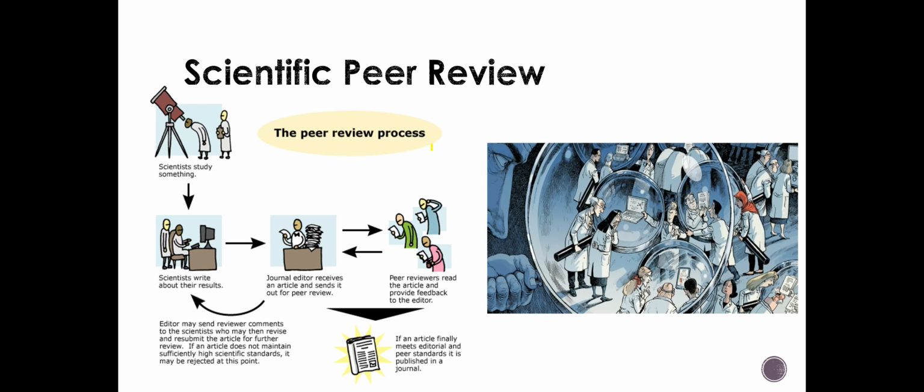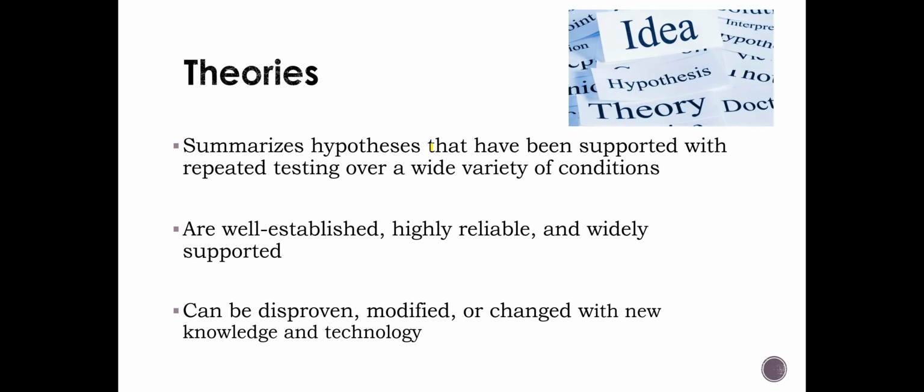Now, once we get information that has been peer reviewed and shown to be true over and over and over again, we can take an idea that was a hypothesis and eventually it can become a theory. Now, a theory is not weak. It takes a lot to become a theory. They are very well established, they are reliable, they are widely supported by the scientific community, they come from repeated testing by multiple people, and so they're not weak, okay?